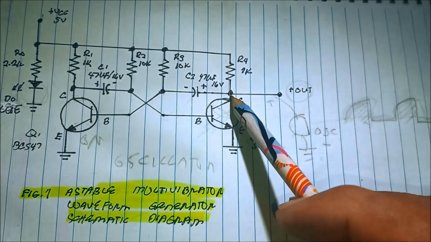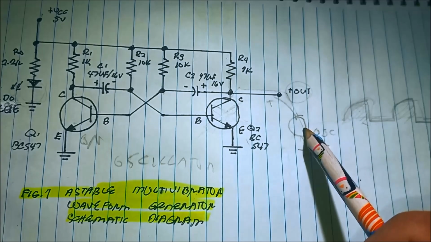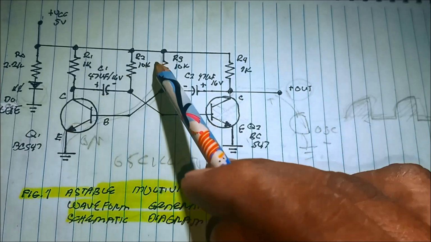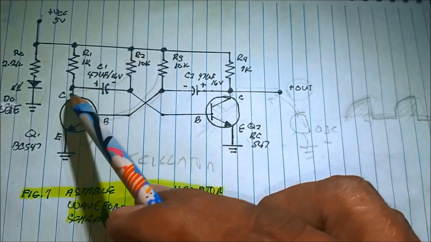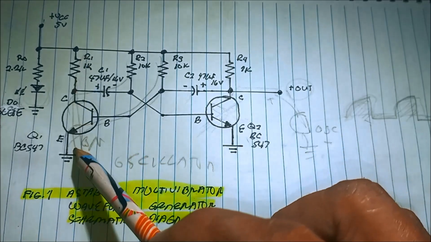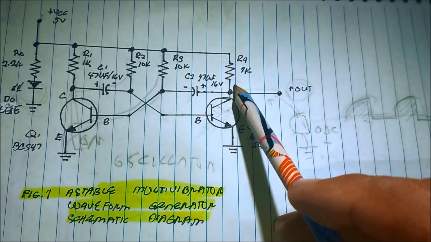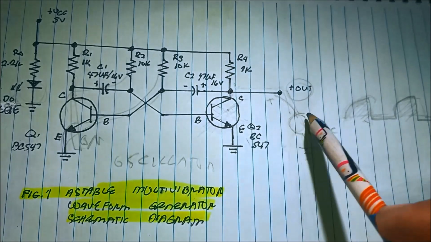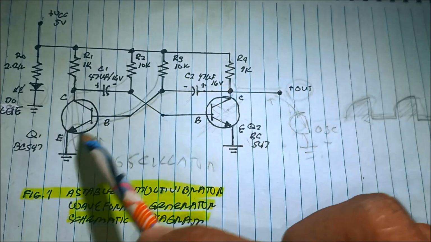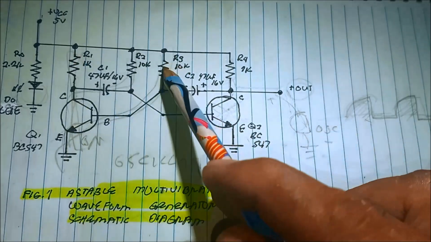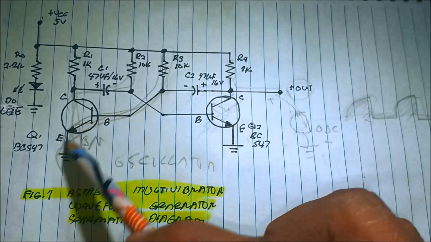So the current flows into the output, and the current flows all the way down to the other transistor, to the ground. And this transistor is off, so the current flows into the output, and all the way to the other side of the transistor, forward biasing this transistor.